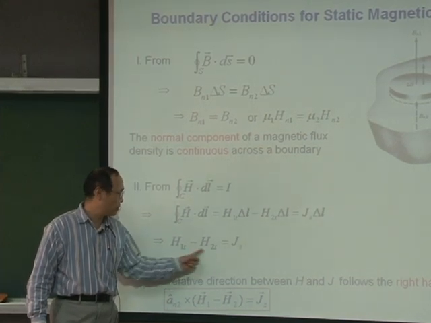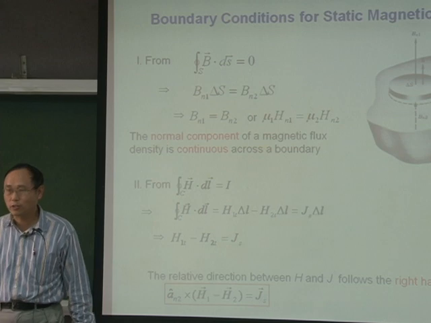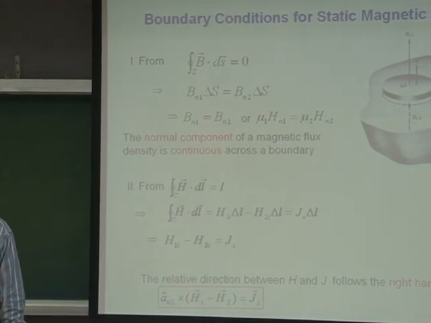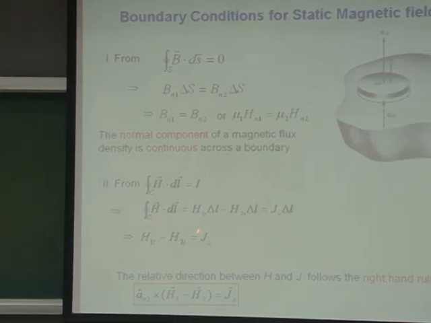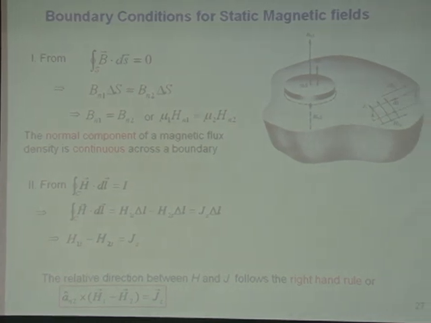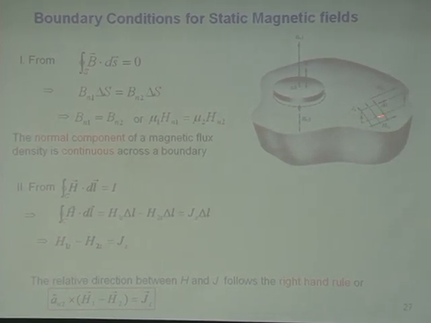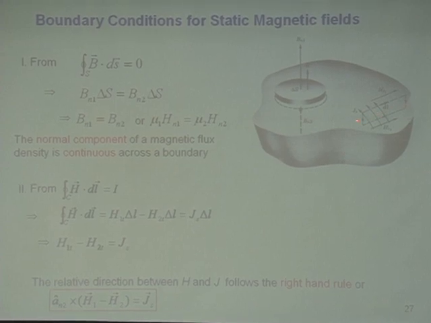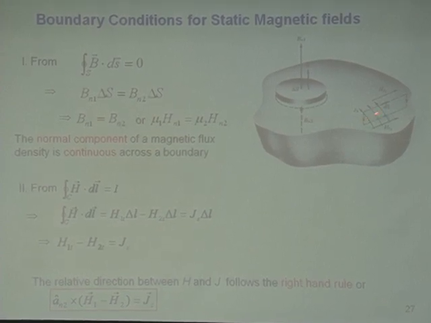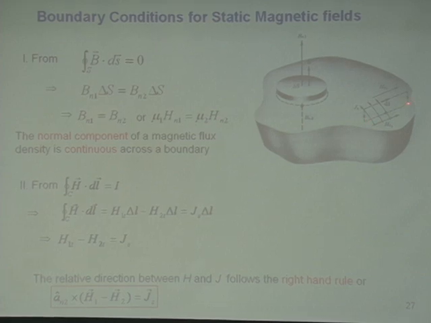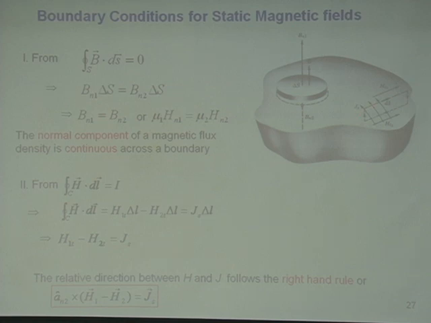OK，那所以呢，the tangential component of H field is continuous if there's no surface current. OK，这个 surface current 的话呢，它流这个方向，你如果把这个 surface current 做一个积分，朝着这方向积分的话，你就得到一个电流，这是 surface current density.